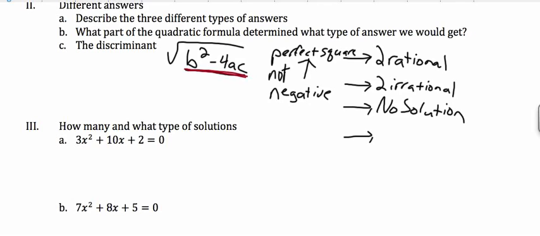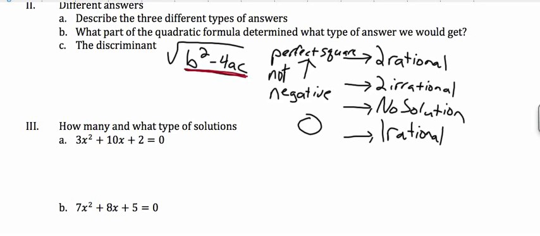Now, there is actually a 4th choice for the number and types of answers that we can get. The 4th option is 1 rational answer. Think of when we would get 1 answer. You can pause and think about it if you're trying to guess. It's when we have 0 underneath the square root.